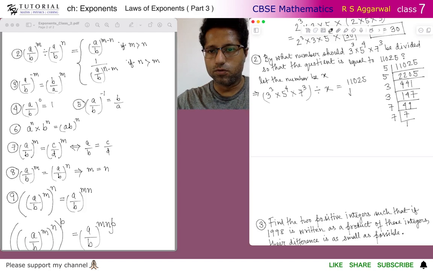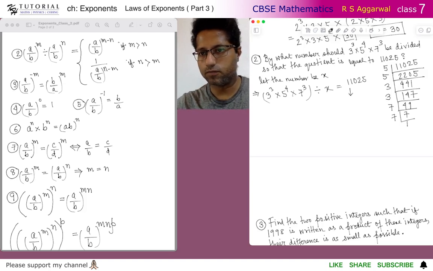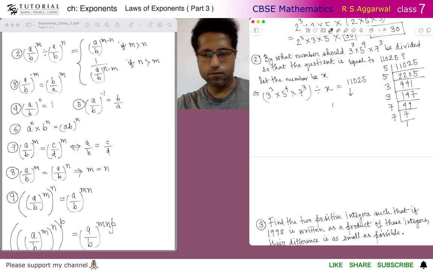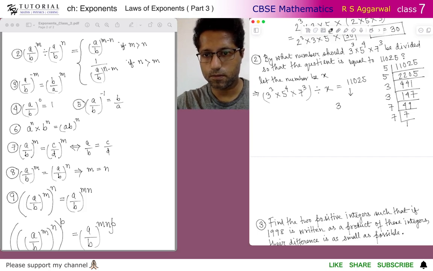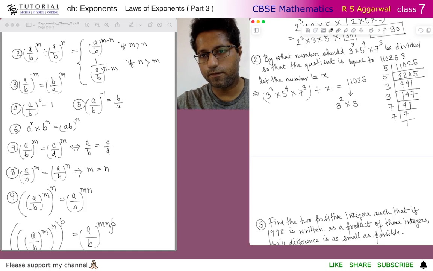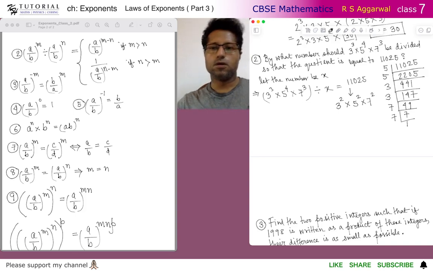So 11025, its prime factorization is, we have two 5s, so 5 square. We have how many 3s? 3 square. 3 square, and we have 5 square multiplied by 7 square.